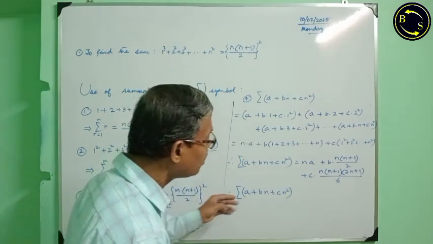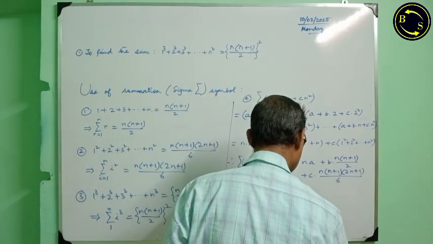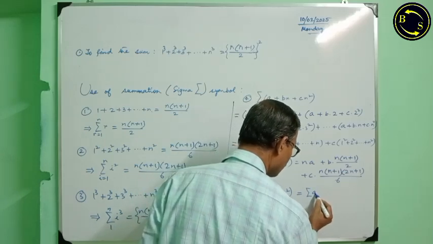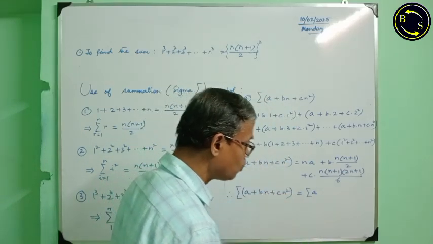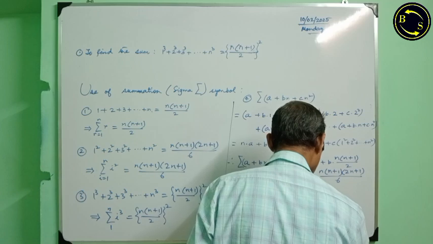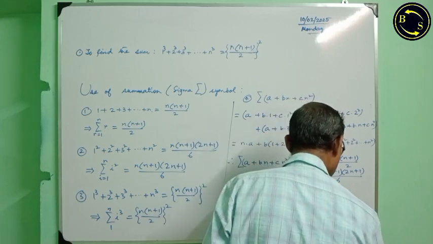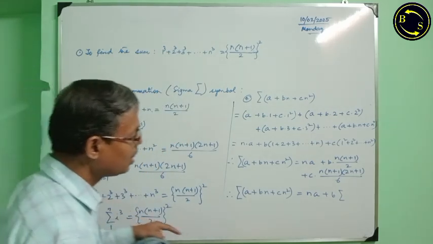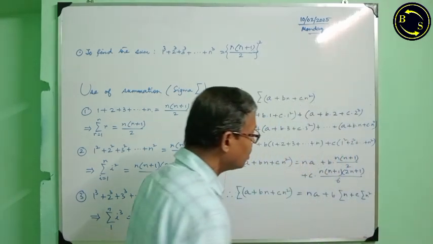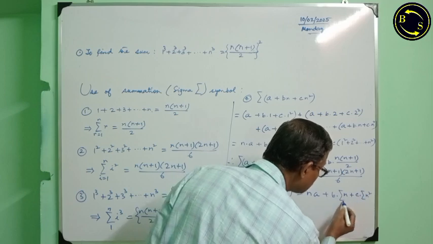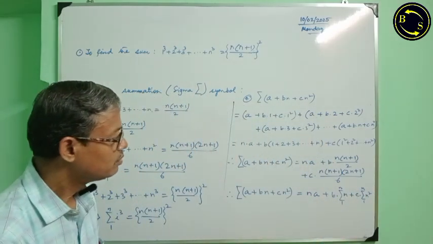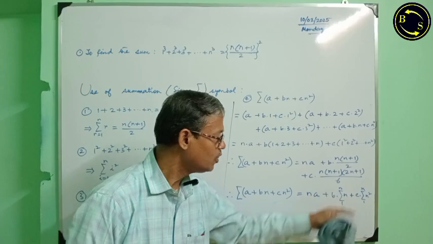If we write separately, it will be na, though generally we don't write that, we write directly na plus b summation n plus c summation n square. Now if we get this, we can use this.